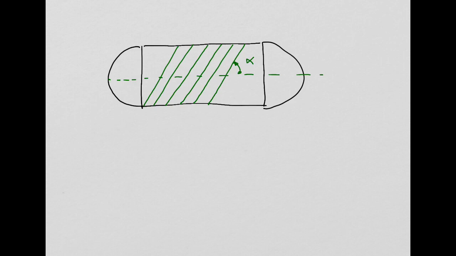The diameter, this distance from here to here, is 2 times the radius. It's not given any numerical value, so let's use R. 2R is the diameter.